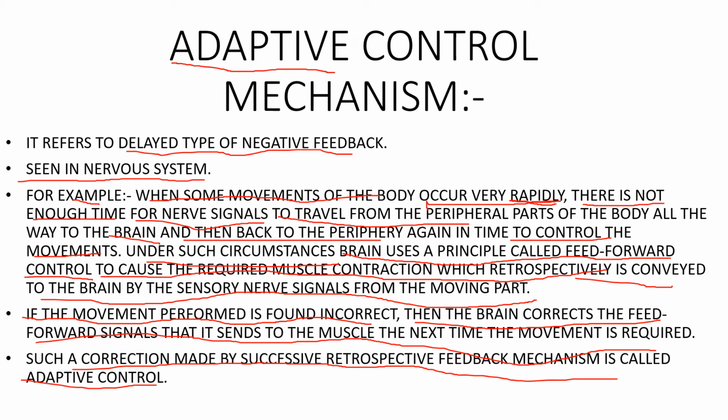So what happens when it is a very rapid movement? You have no time for the nerve signals to go from the periphery to the brain and then from the brain to the periphery to control the movement.